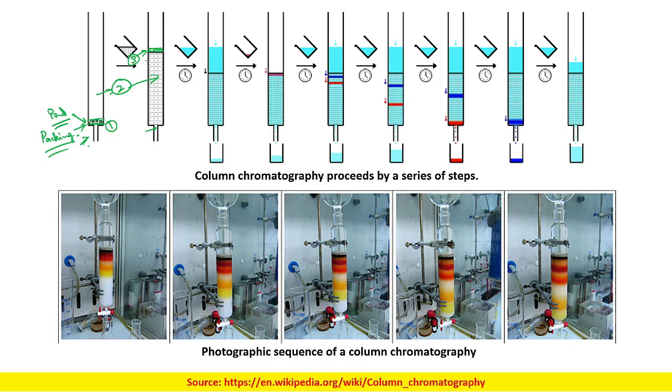The packing of the column is the main procedure which will help you in the separation of the analytes. If you are not able to pack the column properly, then your experiments will not be repeatable in nature. The packing of the column is the main important step while you do the chromatography.